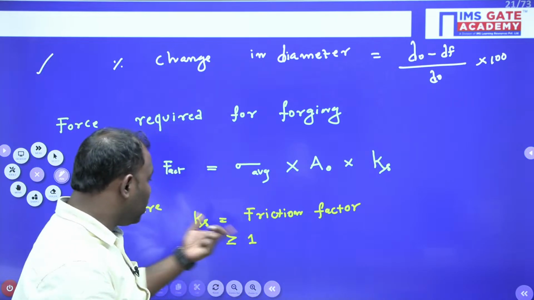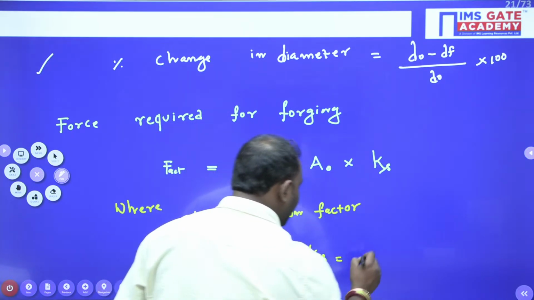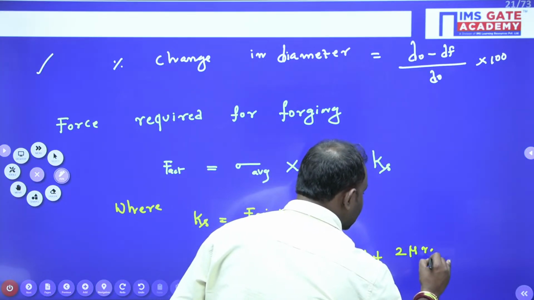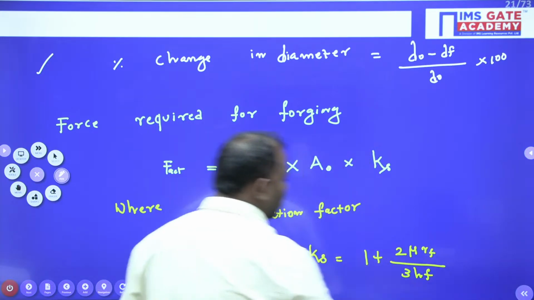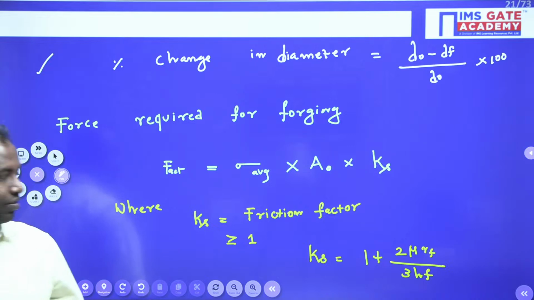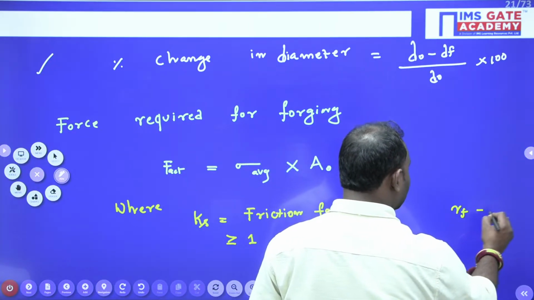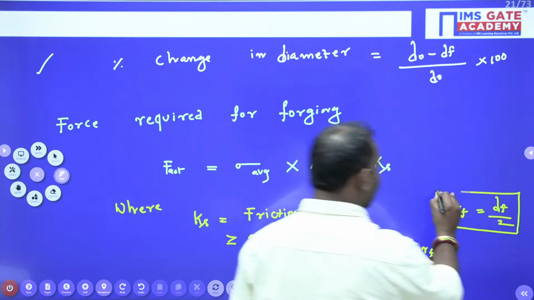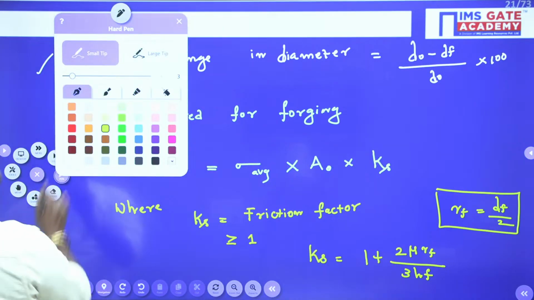Otherwise you are supposed to calculate your Ks. Ks equal to 1 plus 2 mu Rf divided by 3 Hf. Now Rf is equal to the final diameter by 2, so that you are going to get Rf. This is how you are supposed to calculate your Ks factor.